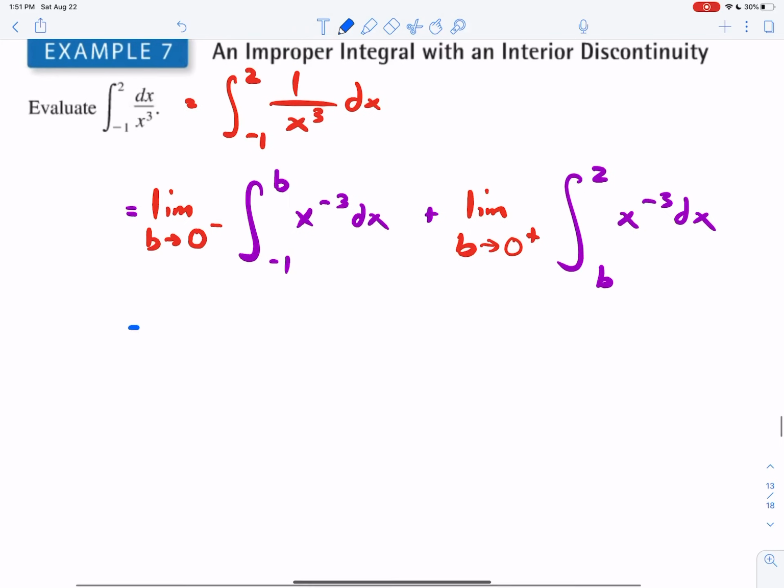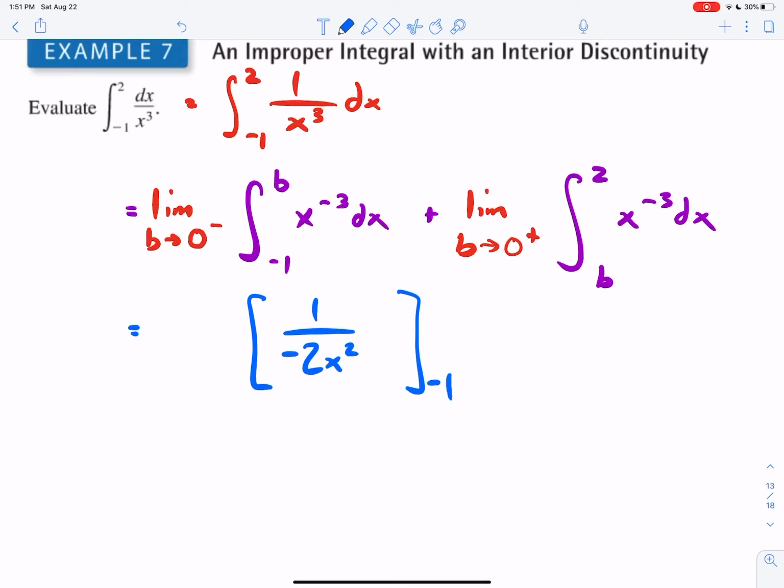Doesn't change anything really. Here we're going to get x to the negative 2 over negative 2. And if I can, I'll just clean that up as 1 over negative 2x squared, just to make it a little bit more clean from negative 1 to b.